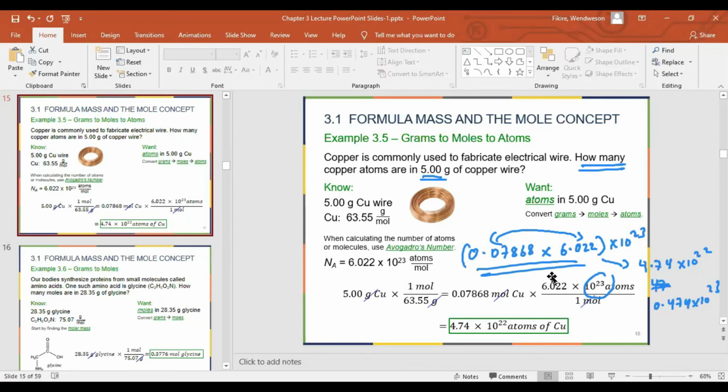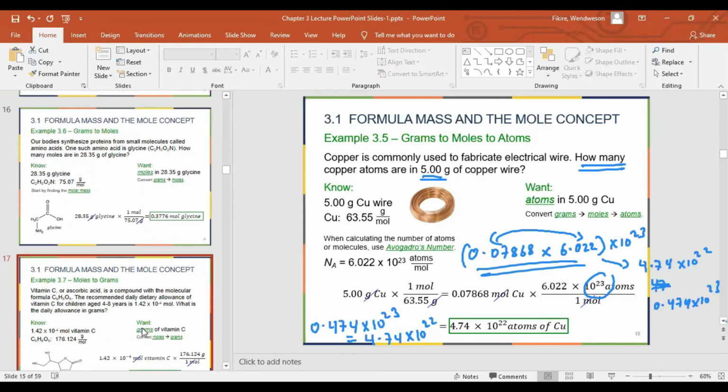If you multiply 0.07868 times 6.022, yes, the calculator display shows you 0.4738, which can be rounded, times 10 to the power of 23. Now, this can also be written as 4.74 times 10 to the power of 22. So it's right. Okay, any question before we move to the next one?